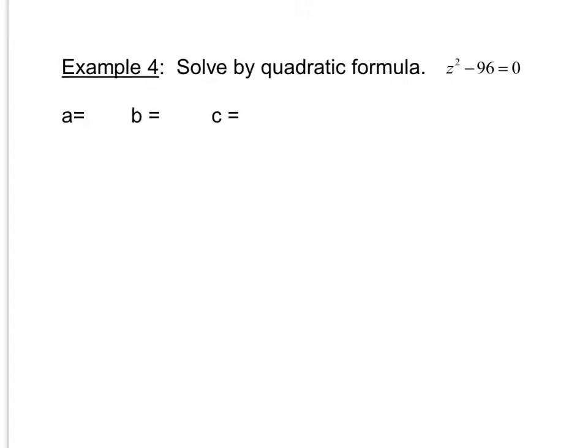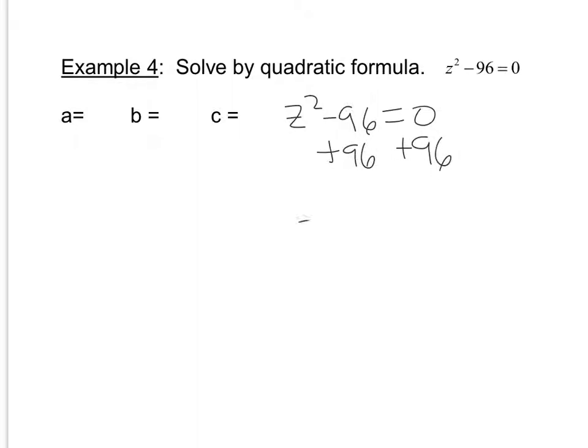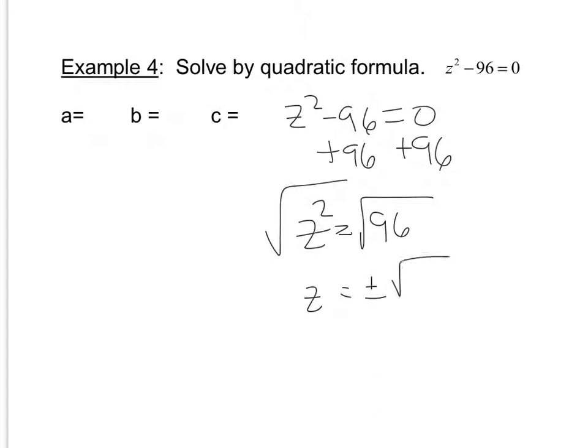Now see, to me, I would never, ever, ever recommend solving a quadratic formula like this one. So watch, we're going to do it a way where this is review. Add the 96. Square root. So you get z equals plus or minus square root of 96.